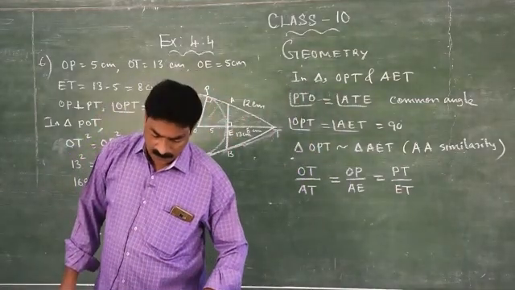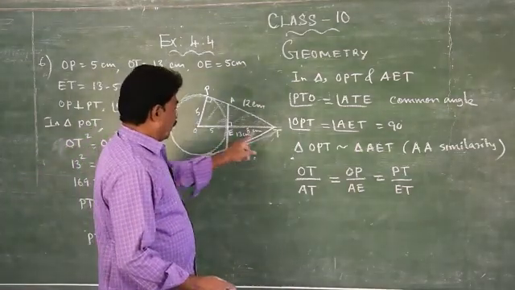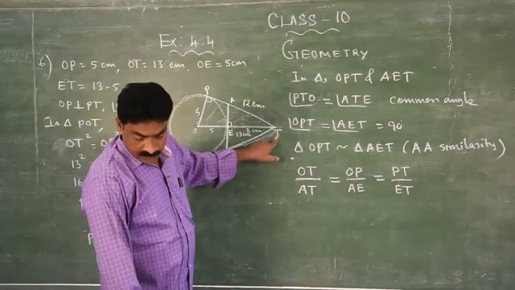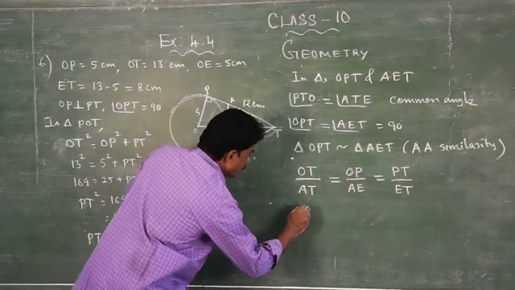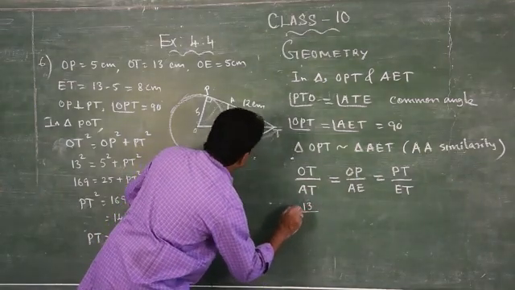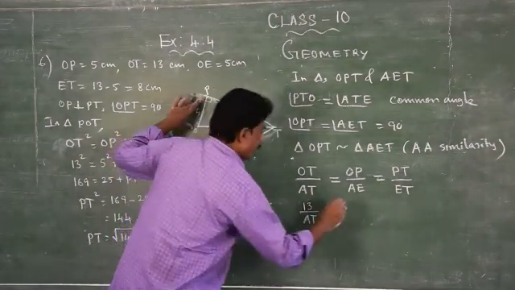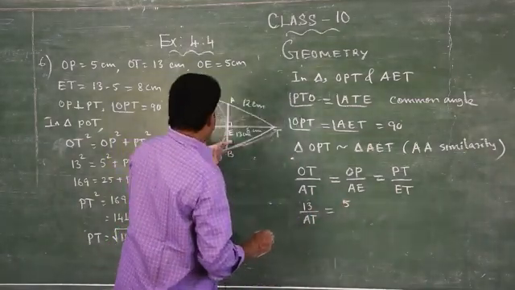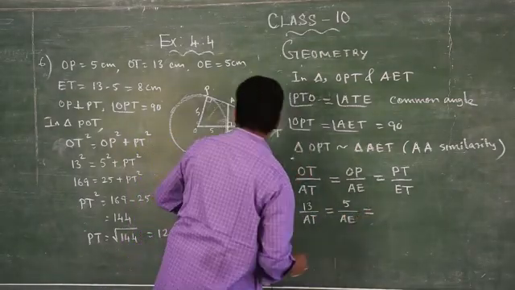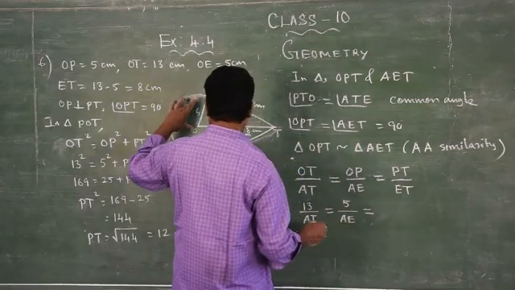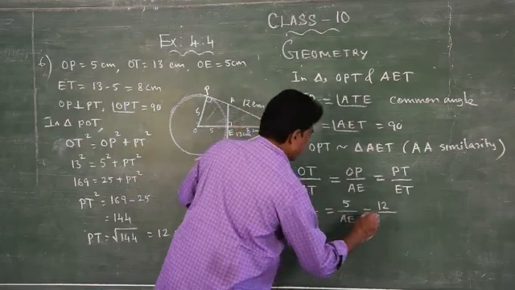So now we replace the value. What is OT? OT is 13. AT we do not know, OP is 5, AE we do not know, PT is 12 and ET is 8.